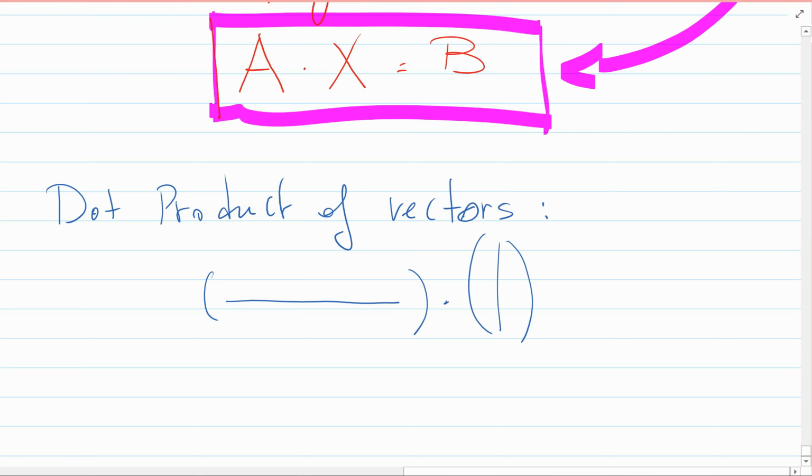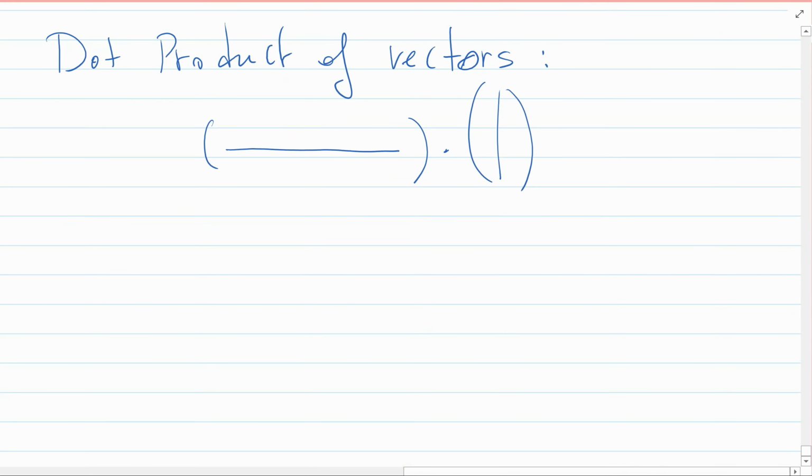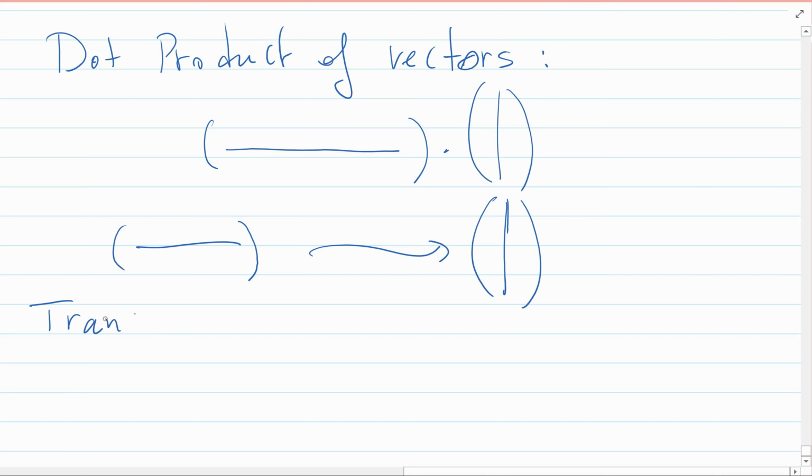So the idea here is, how can we go from a row vector to a column vector? This is known as the transpose operation.